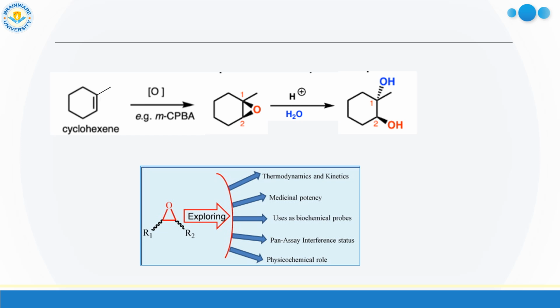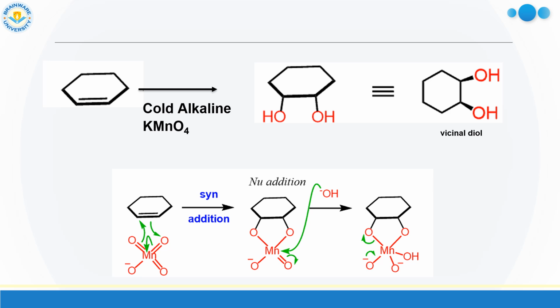Okay, so now the next one: for alkenes we use cold alkaline KMnO4. At that time we also get a vicinal diol. But remember, this is a syn addition, the OH groups form on the same side.